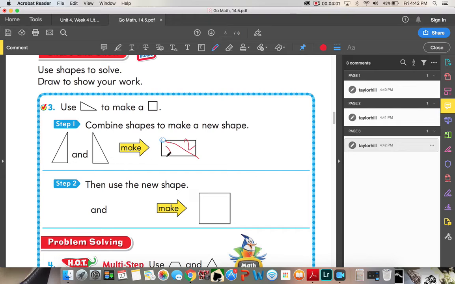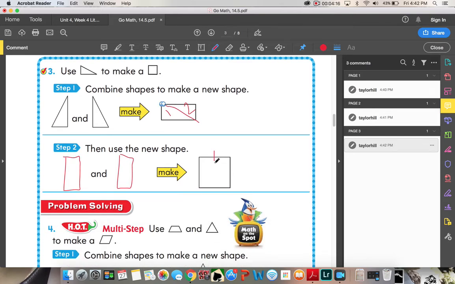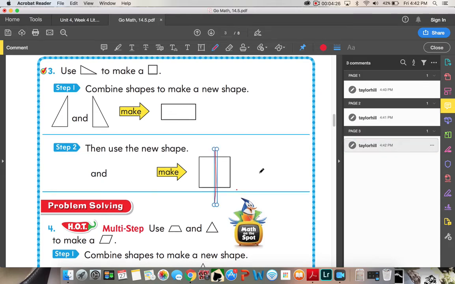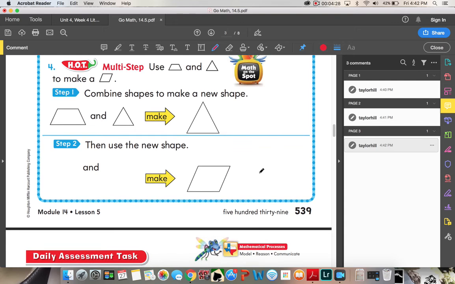Then you're going to use the new shape, the rectangle, to combine rectangle 1 and rectangle 2 to make a square. And you can always divide your shapes in half to show the two. Alright.